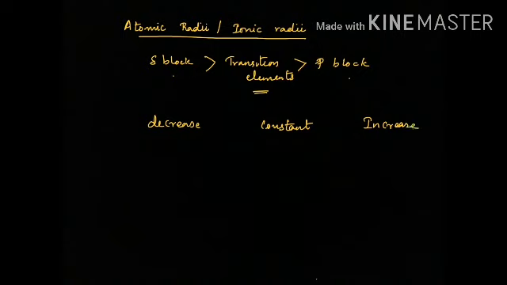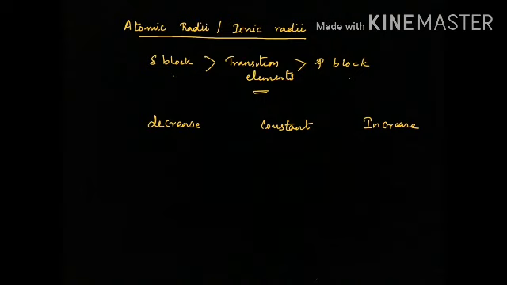So this is how the atomic radii of the transition elements change when we go across a transition series. First it decreases, then it is almost constant, then it increases.